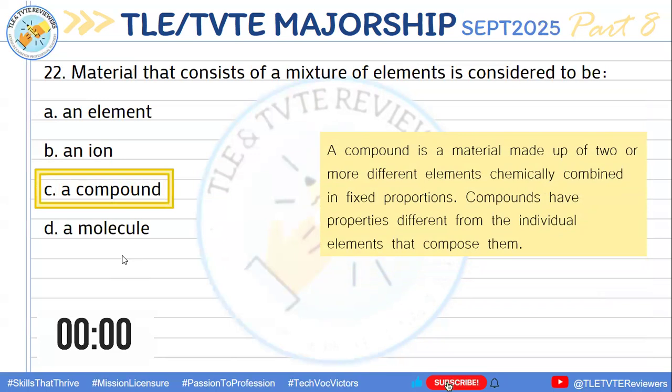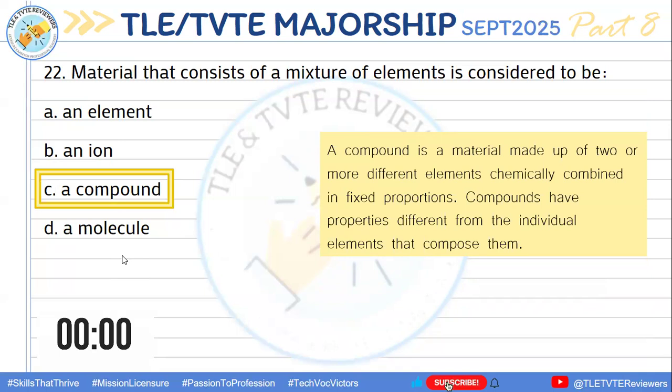For letter A, an element, this is incorrect because an element consists of only one type of atom, not a mixture of elements. For letter B, an ion, still incorrect because an ion is an atom or molecule that has gained or lost electrons and carries an electric charge, not necessarily a mixture of elements.